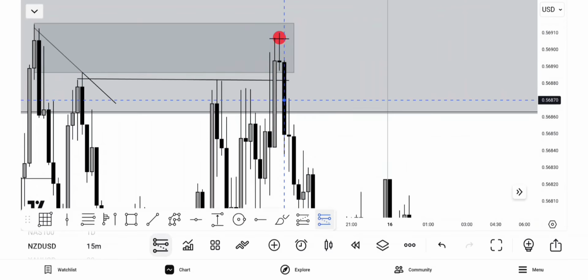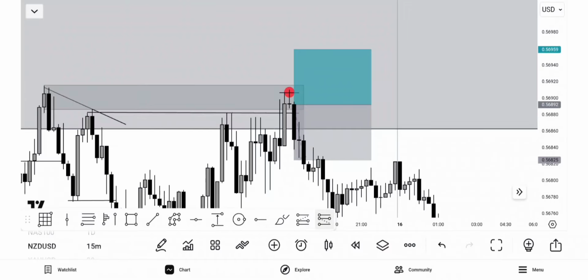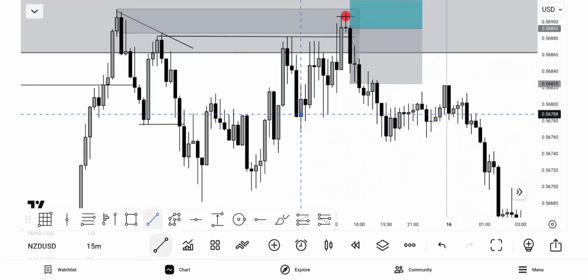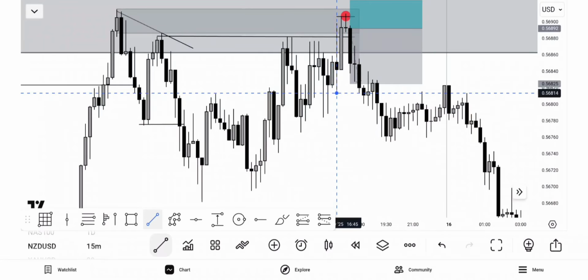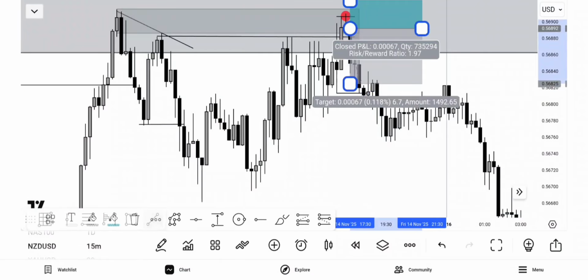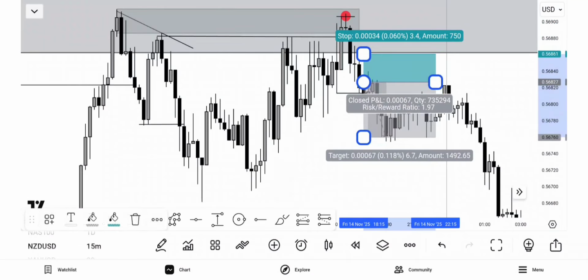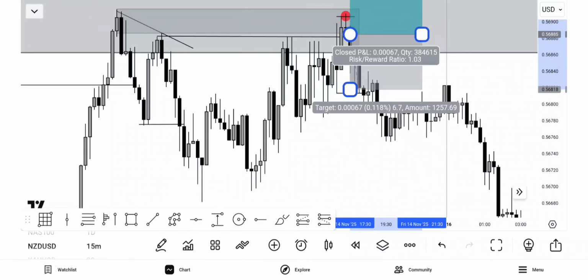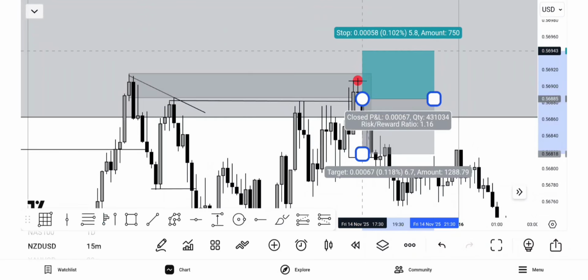From there, you can set your entire market execution, or you can wait for a proper break of market structure here and execute right from here and put your stop loss.